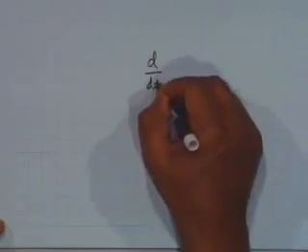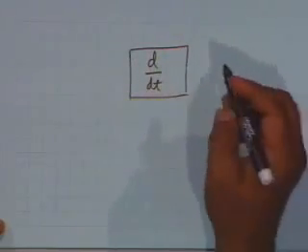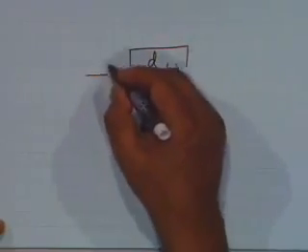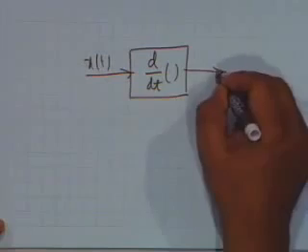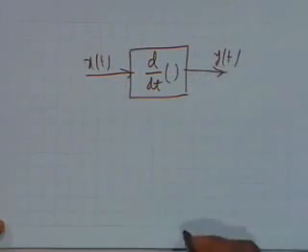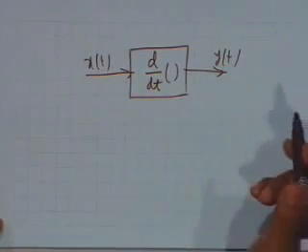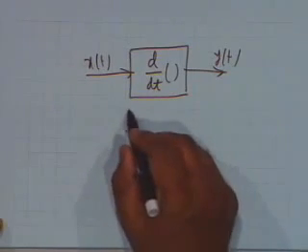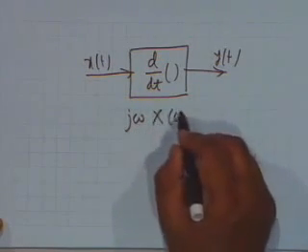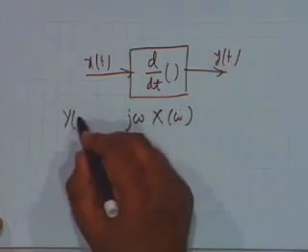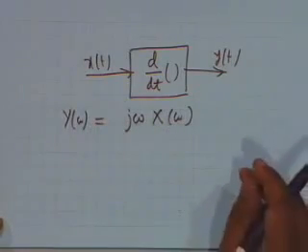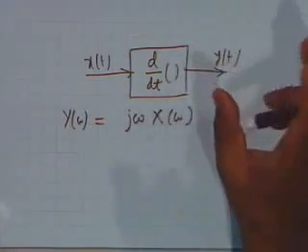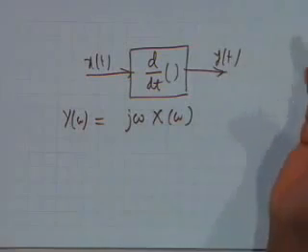Let's look at the reverse process. Say we have a linear time invariant system which simply differentiates, d dt of whatever x is. What is the frequency response of the system? Y of omega is equal to j omega X of omega, because the transform of dx dt is j omega times capital X of omega.